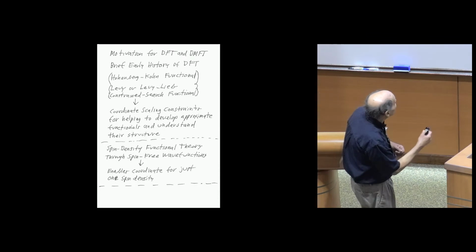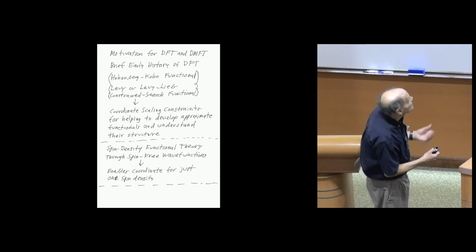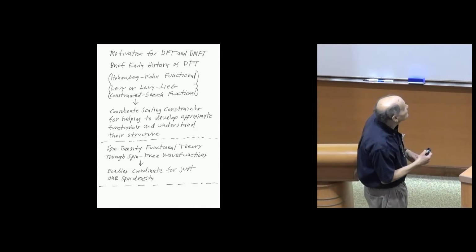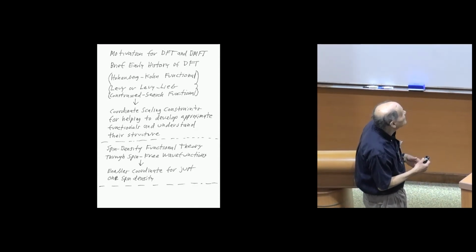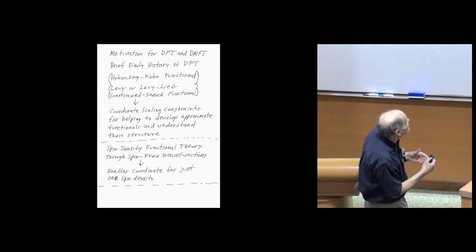From all these three, you get constraints, and I'm going to emphasize coordinate scaling constraints for helping to develop approximate functionals and understand their structure. Understanding the structure, even for beginning students, comes very, very easily from the use of coordinate scaling.